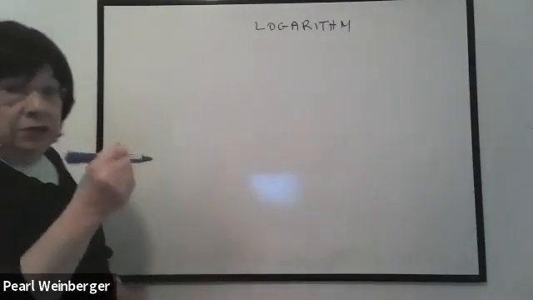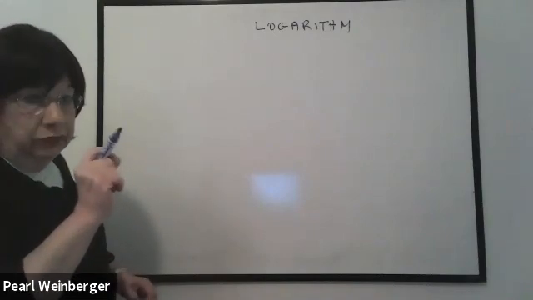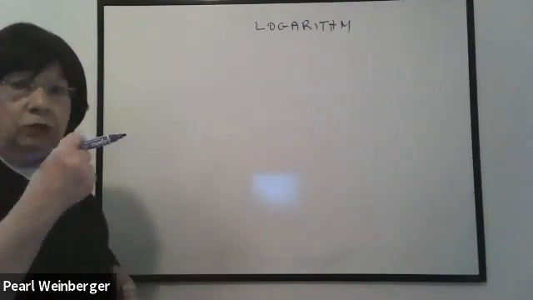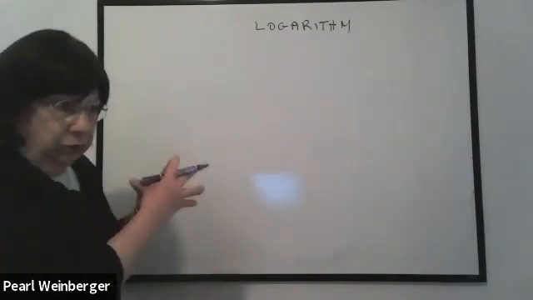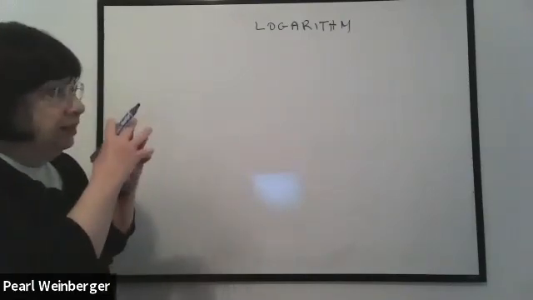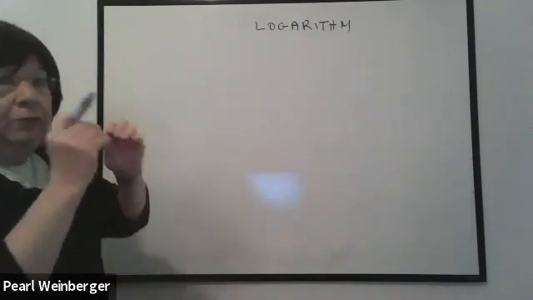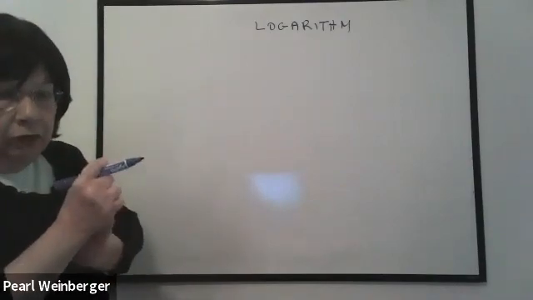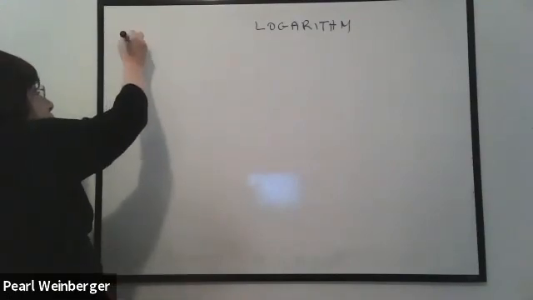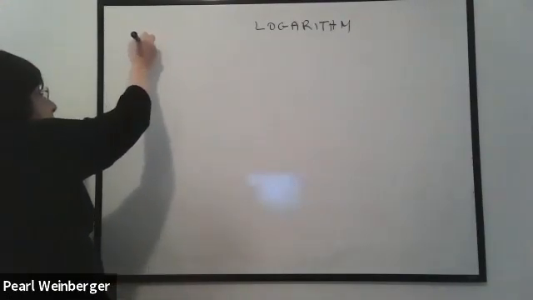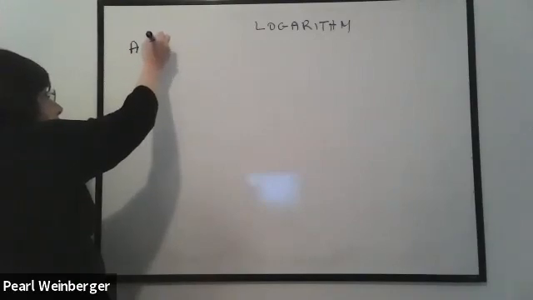So in order to illustrate each of these rules that I'm going to give you, I'm going to write the rules. We're going to do the examples in exponential form, and we're going to do them in log form. Okay, so let's talk about two numbers. Let's talk about number A, which is 1,000.